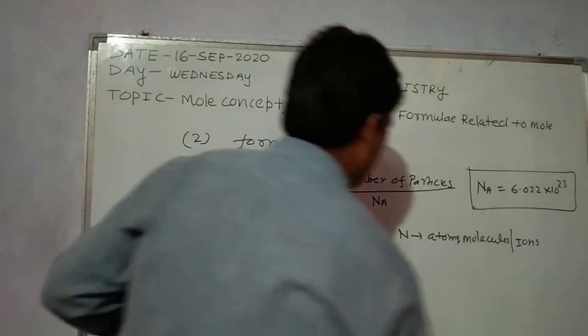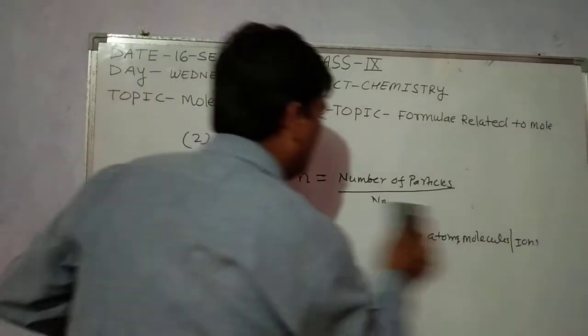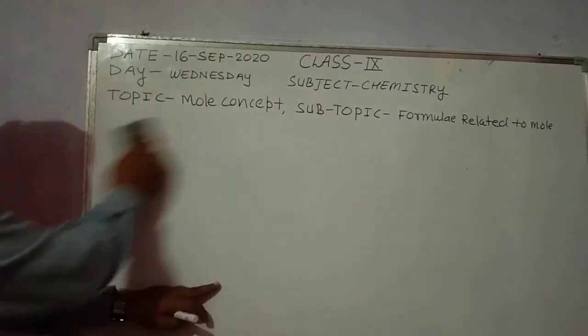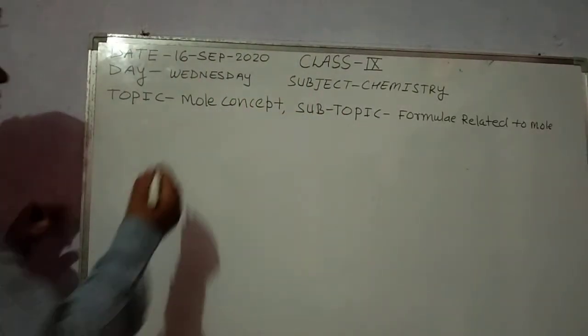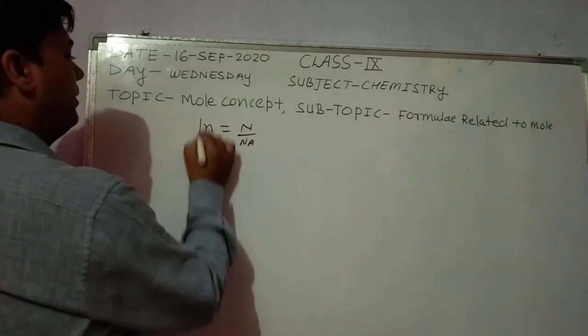So I am going to discuss a question related to this particular formula. The formula is number of moles is equal to N divided by Na.